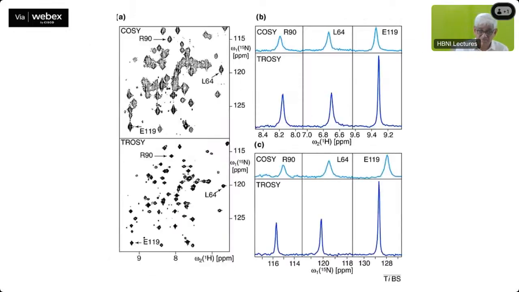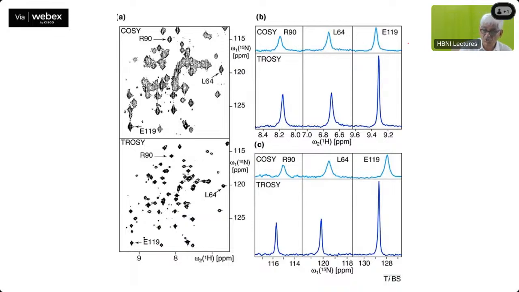You will see the effect of this in the next slide. And this is the normal HSQC spectrum. This is the HSQC spectrum, and this is the corresponding TROSY spectrum. See, these lines have become very, very sharp here. This is because we picked up that particular component. And this is indicated by taking the cross sections here.